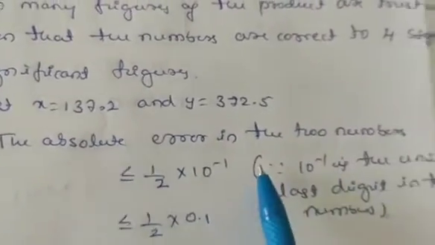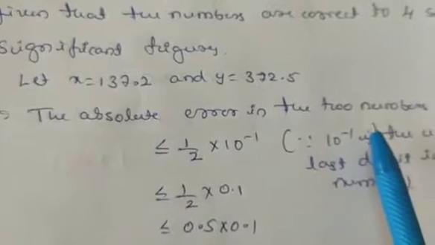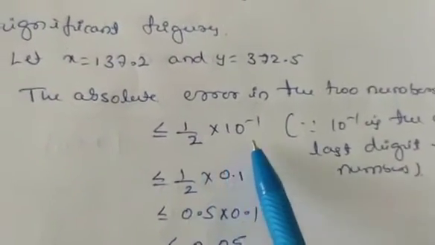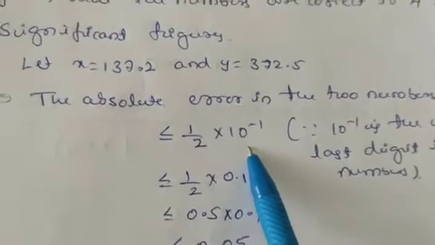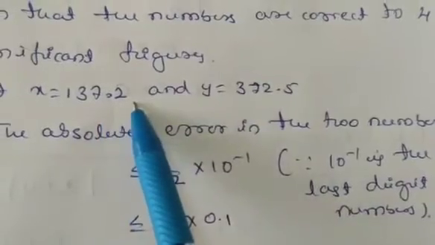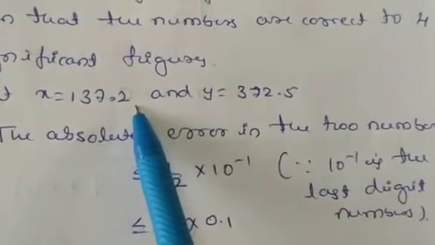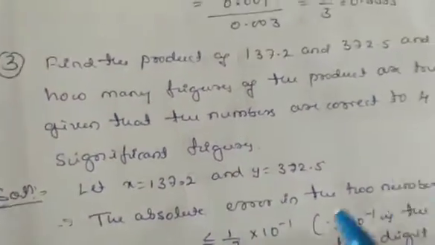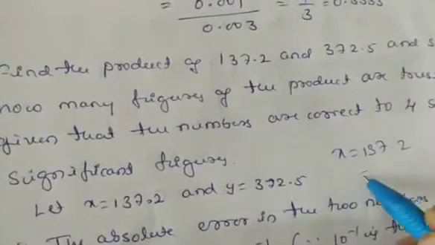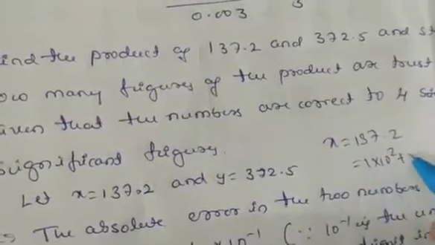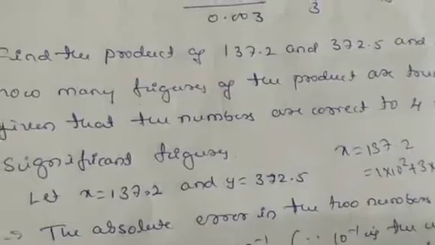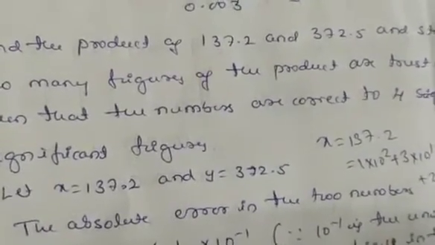Therefore the absolute error in the two numbers is less than or equal to 1 by 2 into 10 raised to minus 1. Why is it 10 raised to minus 1? Because the last digit is 1 digit after the decimal point. Just now in the previous example I told you, x is 137.2, which can be written as 1 into 10 raised to 2 plus 3 into 10 raised to 1 plus 7 into 10 raised to 0 plus 2 into 10 raised to minus 1.